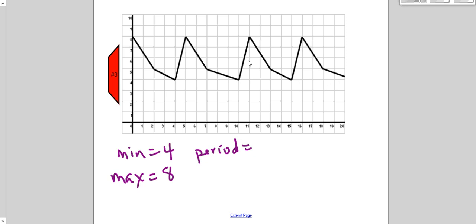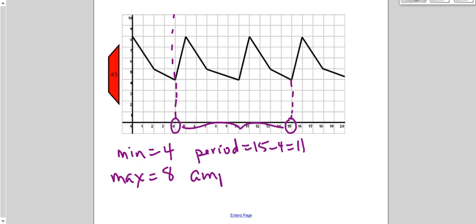So I'm actually going to pick this part right here to be my starting, and this right here to be my ending, because we have to include both sections of it. These two are not exactly the same, right? So it looks like this whole thing is what's being repeated over and over again. Okay, so 15 minus 4, which is 11.